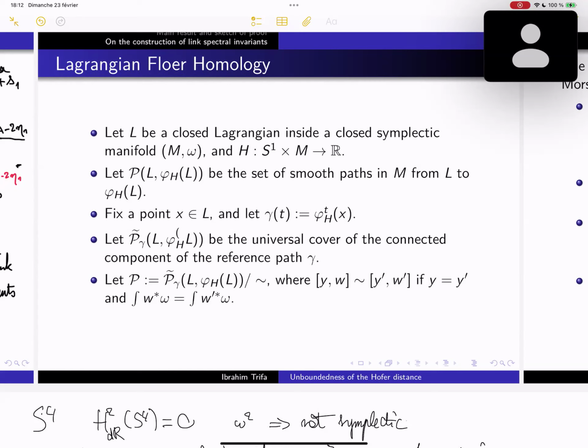We take a closed Lagrangian inside a closed symplectic manifold, so L inside M, and we pick a Hamiltonian function h from S1 times M to R. Then we will look at the set of smooth paths inside M that go from L to the image of L by phi h.